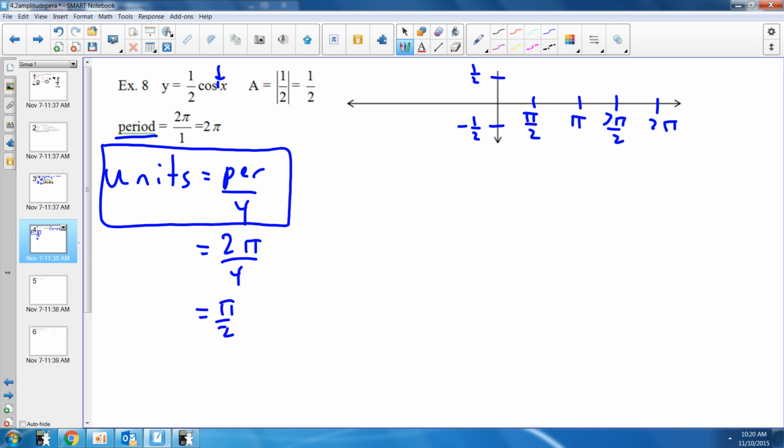Now what I want to do is go ahead and put in my points. So I'm talking about a positive cosine. Again, I like to make a little drawing here to remind me what positive cosine looks like. It starts at 1 and goes down. That means this is going to start up high and go down. And just fill in your highs, mediums, and lows.